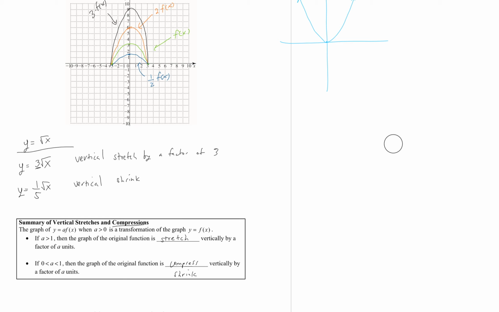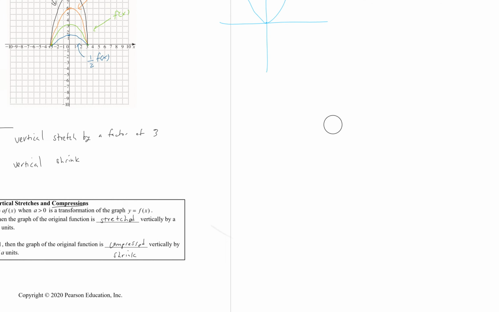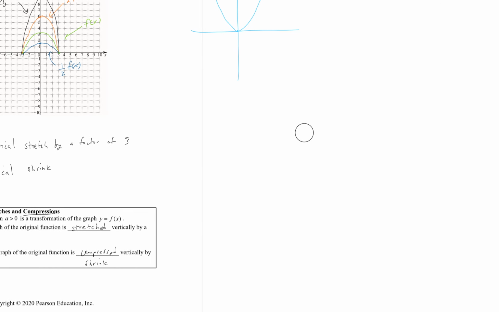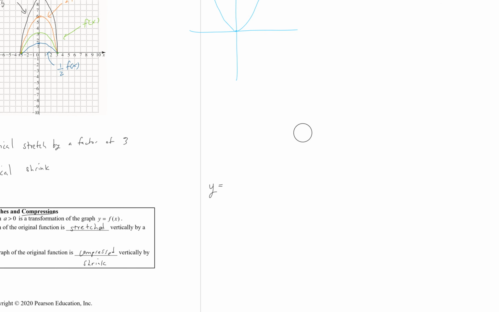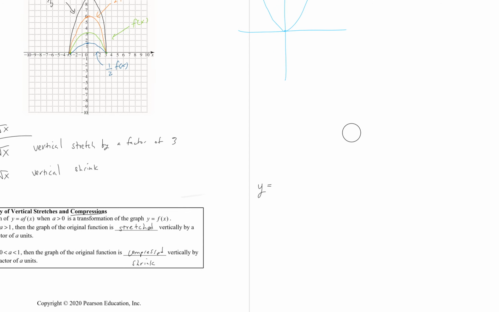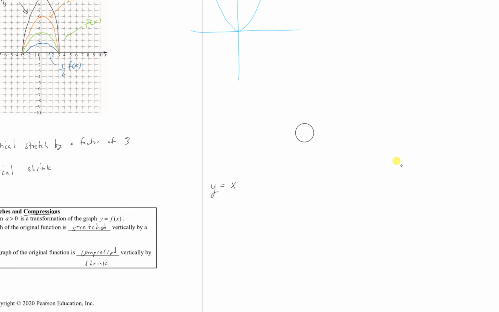So then the graph of the original is compressed and stretched. I have to make sure it's in correct grammar. Let's do another example. Let's do a common one you're going to see. The best one is square root of x, but let's just say x cubed.